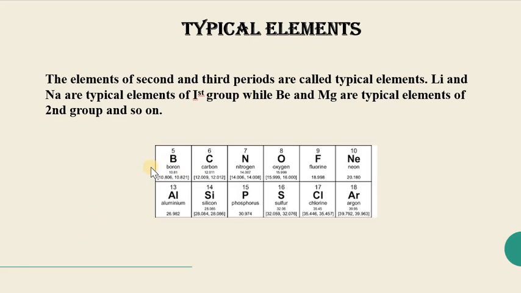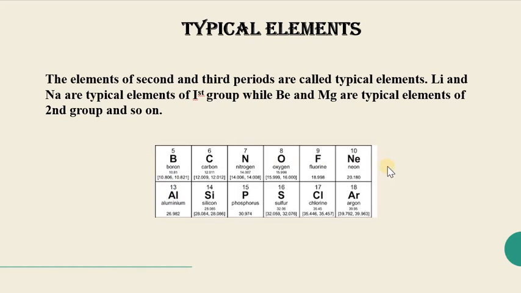Also, after beryllium, there are boron, carbon, nitrogen, oxygen, fluorine, neon. These are all present in the second period. So these are the typical elements of the second period after beryllium. These are the typical elements of the third period after magnesium.